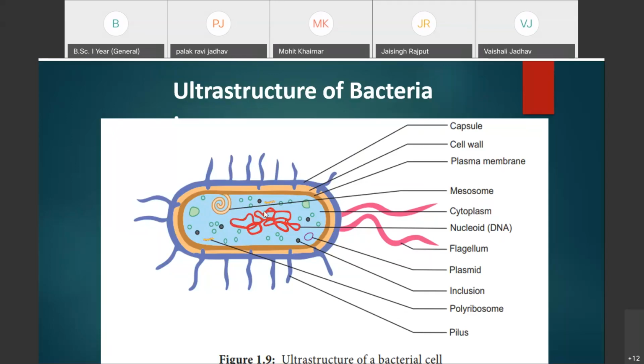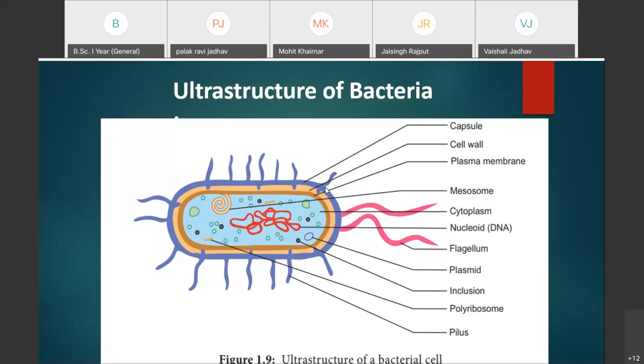A well developed nucleus has the nuclear membrane, in the nuclear membrane there is a presence of nuclear pores, and there is a presence of the nucleolus. But here the nuclear membrane is absent, nuclear pores are not present, nucleolus is absent. That's why the bacterial cell is said to be a typical prokaryotic structure.